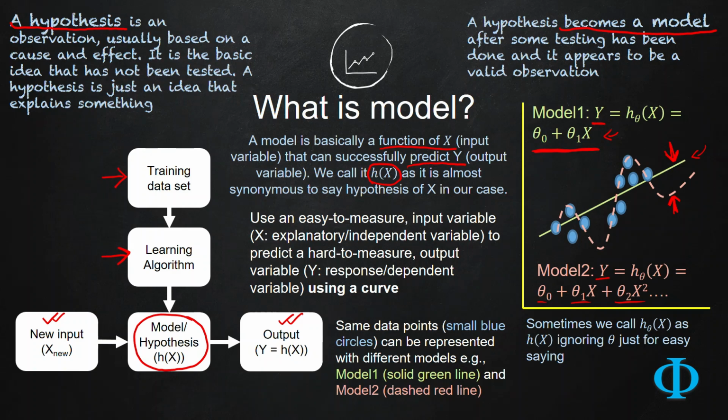After you can plot this model, you are ready to predict the output for new inputs. For example, let's say I am taking this pink dashed line as our model. Let's say you got a new input data over here. Let's call it x new.